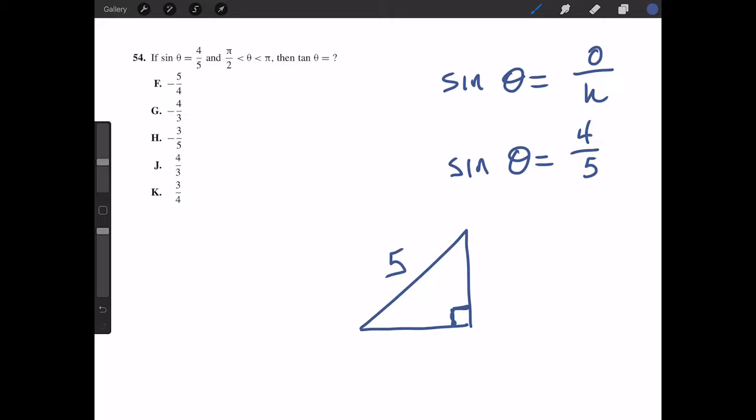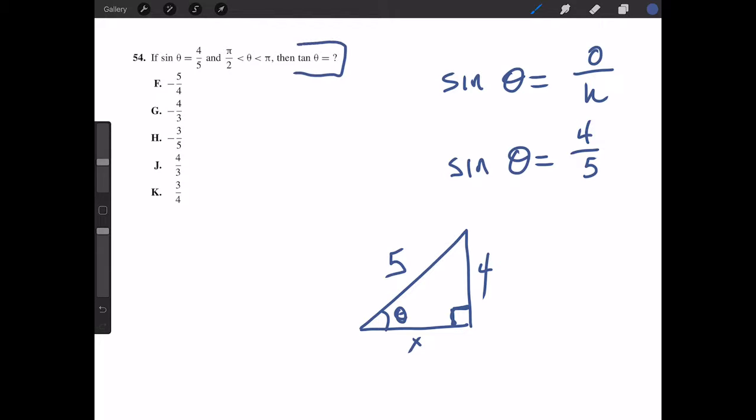In this case, the opposite side, which in trig functions is always relative to the angle, is 4, so that means we have that special 3, 4, 5 triangle. If you can't memorize that, don't worry. Knowing that the opposite side measures 4 and the hypotenuse measures 5, you can easily figure out this x value right here, the adjacent side.